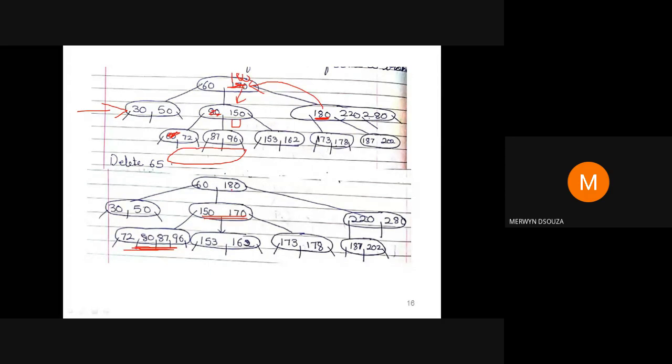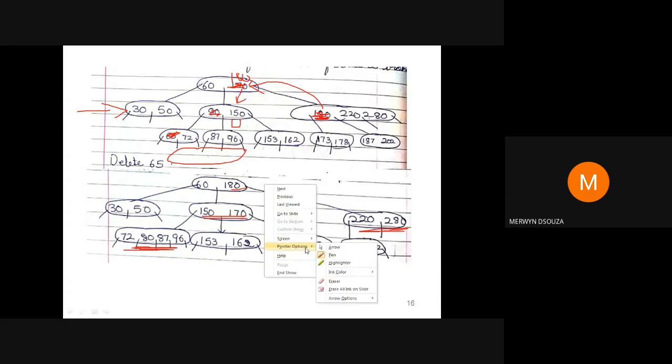So it looks like this. Since 180 is taken up, only 220 and 280 remain here. So basically I'm applying both the previous two cases simultaneously. Sometimes you may have to apply case 1 only 2 times or case 2 only 2 times.